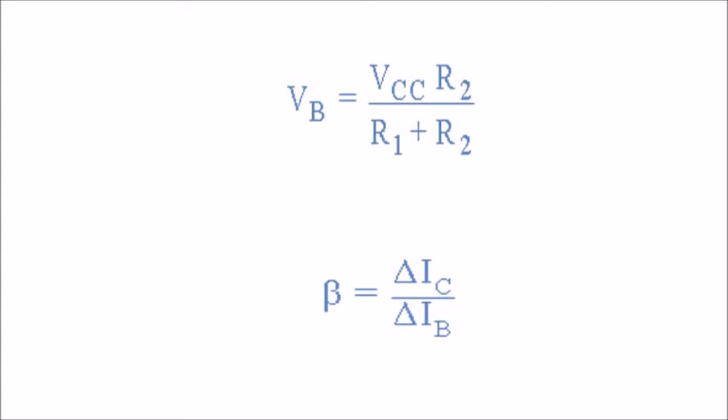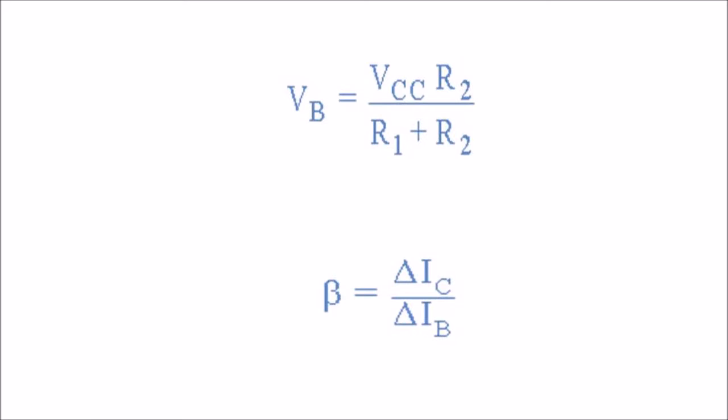The same supply voltage VCC also determines the maximum collector current IC when the transistor is switched fully on, and the base current IB for the transistor is found from the collector current IC and the DC current gain beta of the transistor. The beta value of the transistor is calculated as beta equals change in collector current divided by change in base current, that is beta equals delta IC by delta IB.